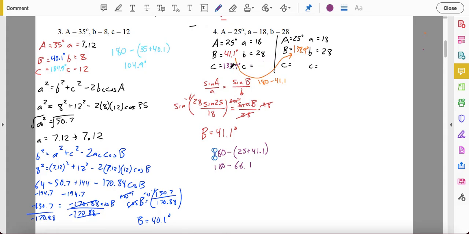Okay, so 133.9 degrees, and then side C, I can just find using the law of sines. So we set sine of 133.9 over side C equal to the sine of 25 over 18, just sine A over A there. So we cross multiply, and I have 18 sine 133.9 equals C times the sine of 25. So I now divide by the sine of 25.